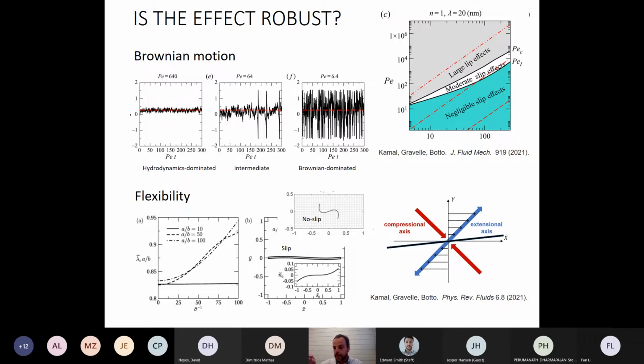Even if the particle is flexible, it does not tend to buckle, because typically a flexible particle in a flow tends to buckle when it reaches the compressional axis. But fortunately, because of slip, the particle never reaches the compressional axis and stays stably in the extensional range of the simple shear flow.